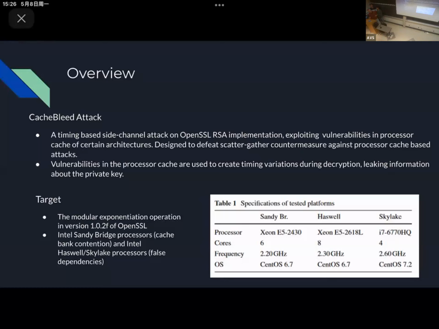The main thrust of the attack is that it's creating timing variations in cache memory access requests and using that to leak secret information. The specific target of the attack here is the modular exponentiation operation of the decryption process in OpenSSL RSA. On the hardware side, it is targeting specific Intel architectures like Sandy Bridge and Skylake.